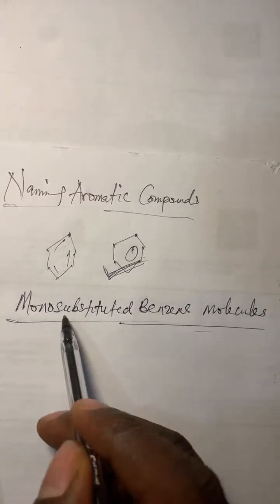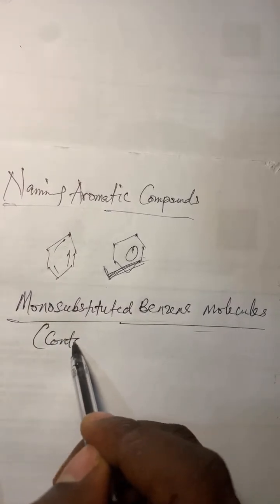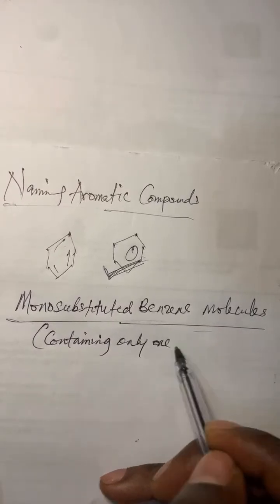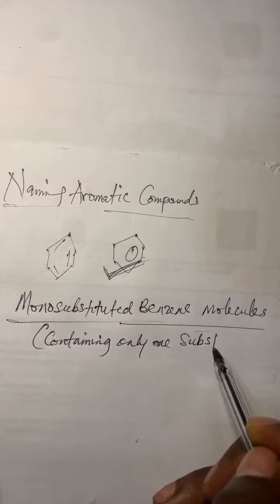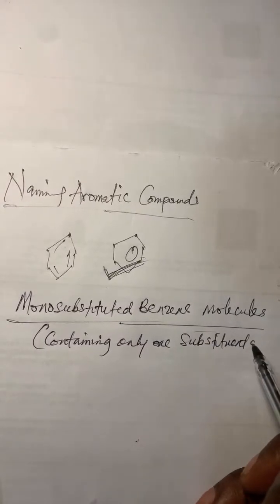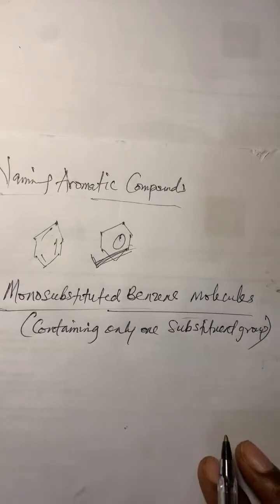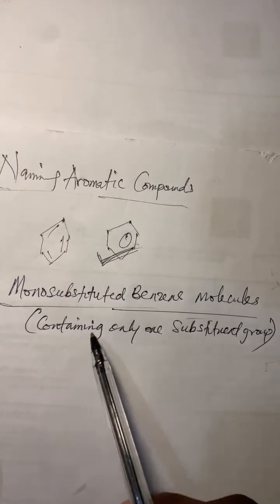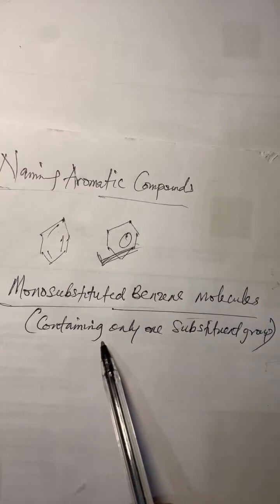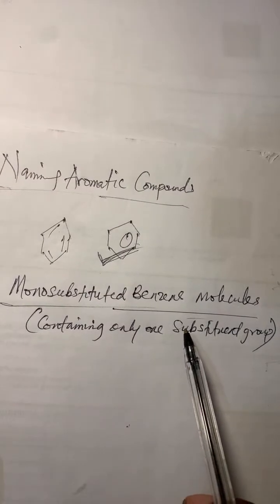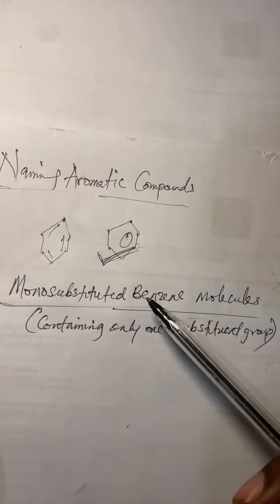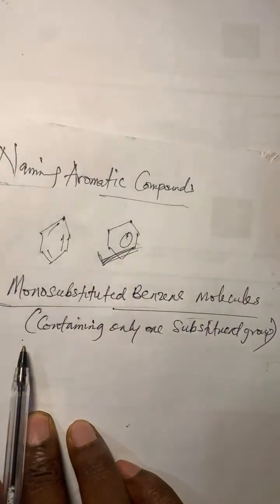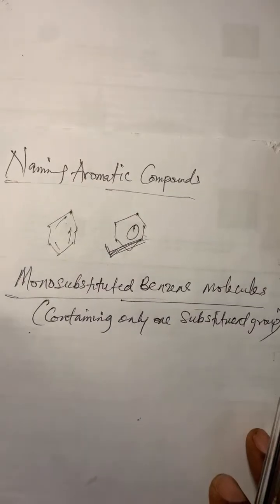We are just saying that this one contains, I told you I'm here to break down everything, only one substituent group. When I'm talking about a monosubstituted benzene molecule, I'm talking about benzene that contains only one substituent group. For example, I just showed you chlorobenzene and all that, right? So that's what we're going to be focusing on firstly. And after that, we're going to move into other phases.